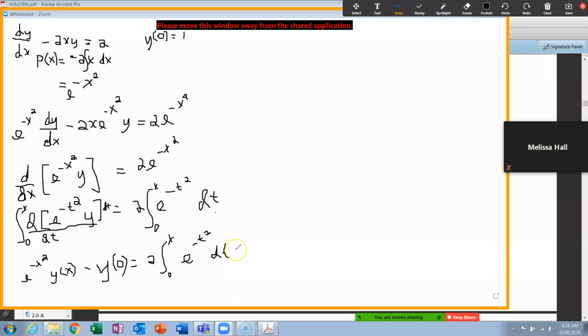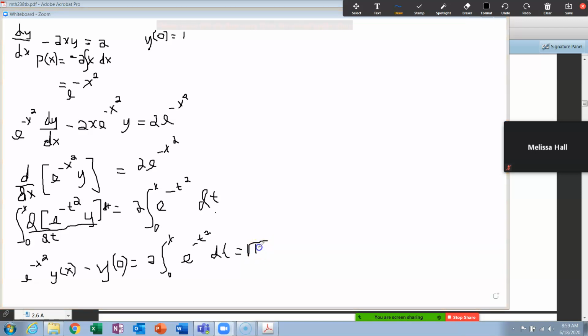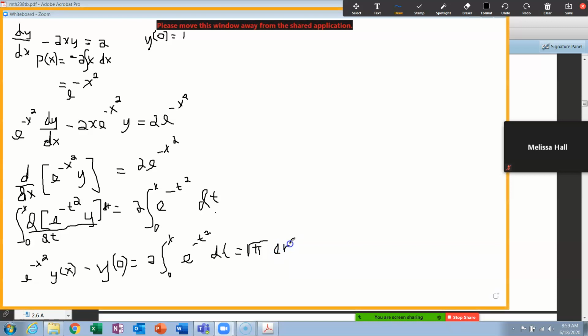Now, what this is, like we said before, is the square root of pi times the error function of x.